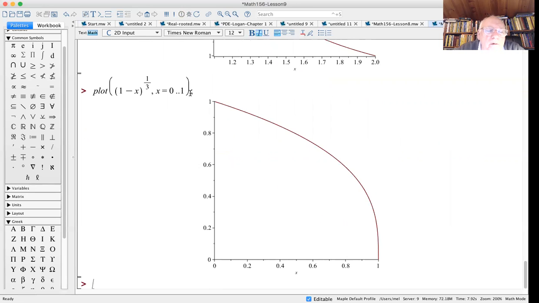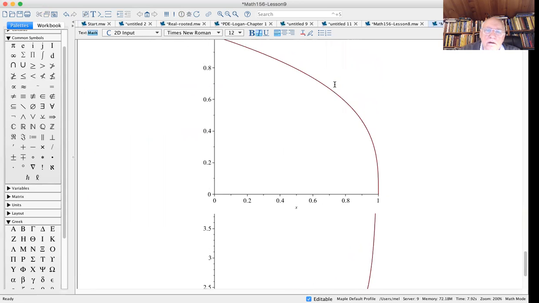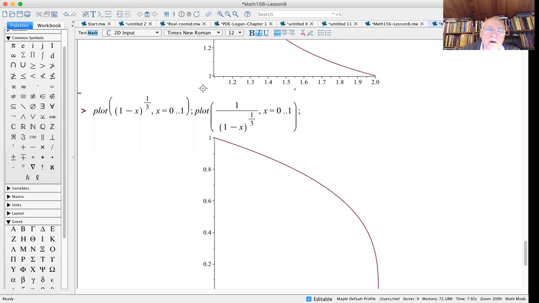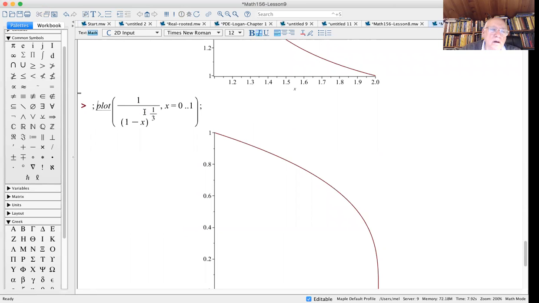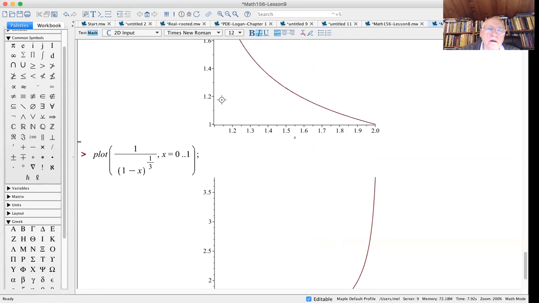So it has no problem graphing the cube root of 1 minus x from 0 to 1. But it does have a problem, oh, so it just did it. I don't know why it had a problem before. So this is the graph from 0 to 1.